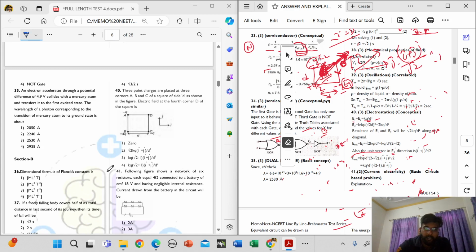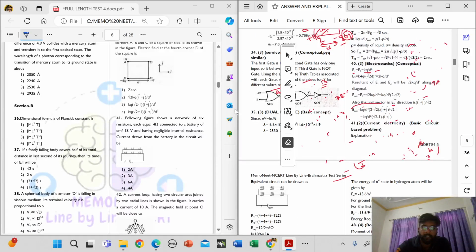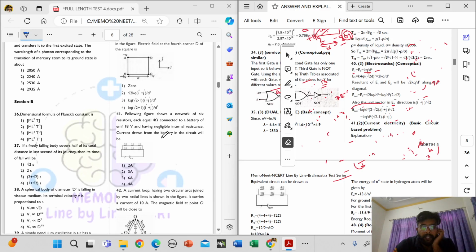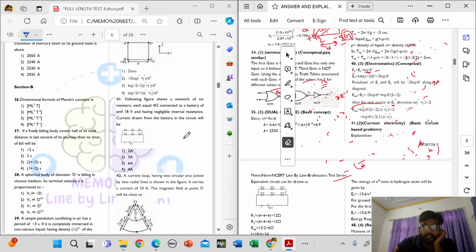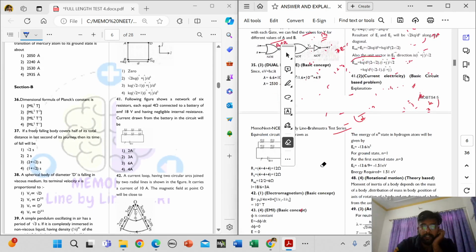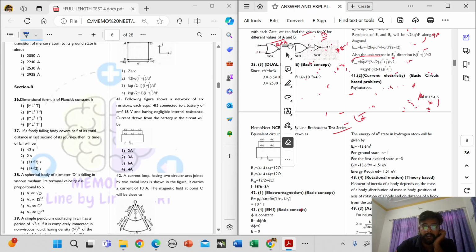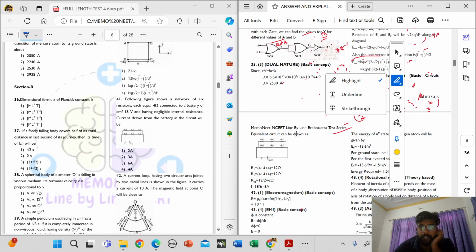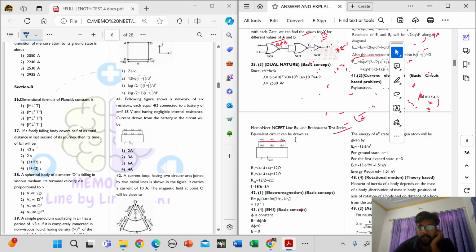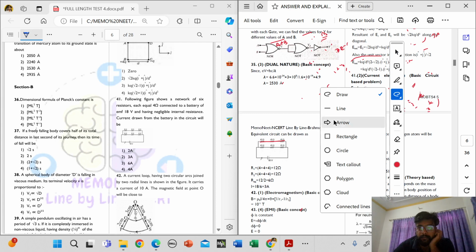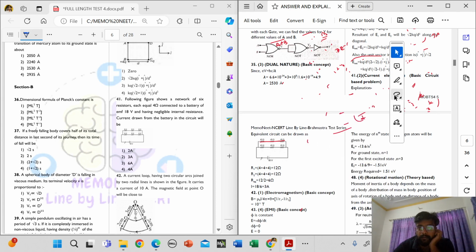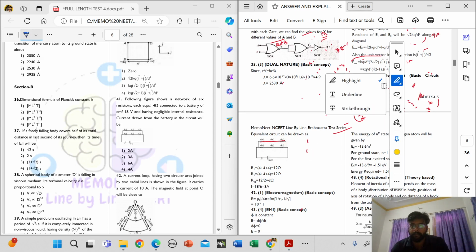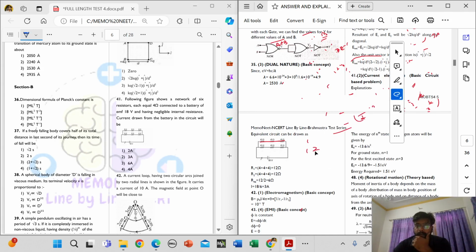Question number 41. The following figure shows the network of 6 resistors, each equal to 4 ohm, connected to a battery of EMF 18 volt having negligible internal resistance. Find the current drawn from the battery by the circuit. Simply we have to find the current from the circuit. See, these 4 ohm resistors are connected in series, so that becomes 12 ohm.